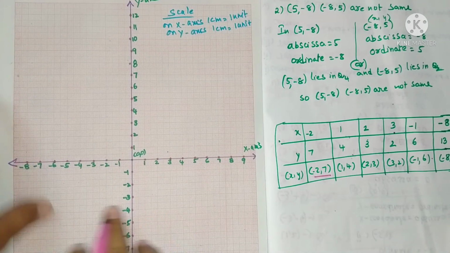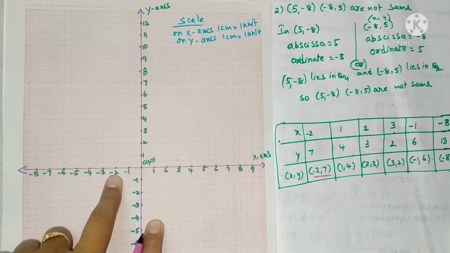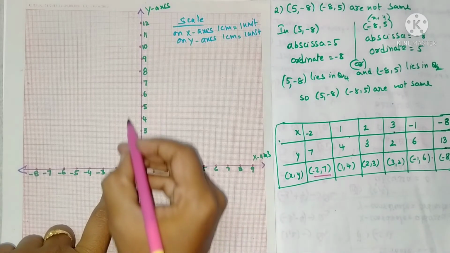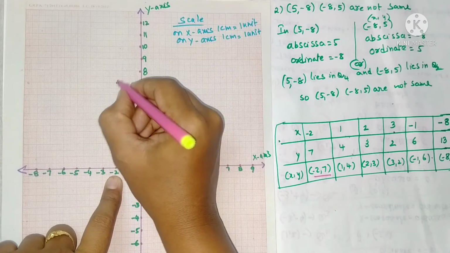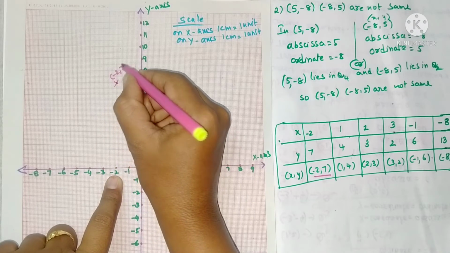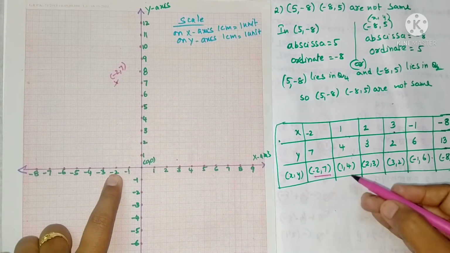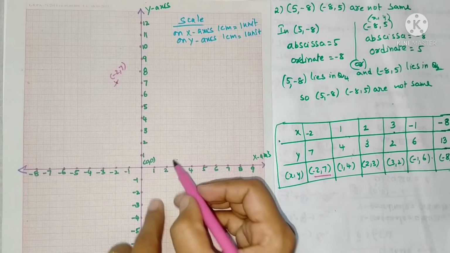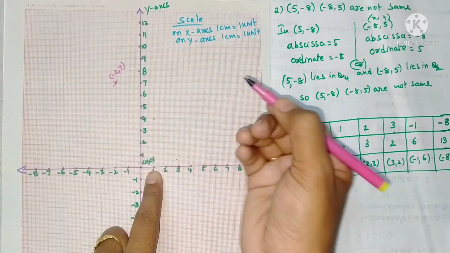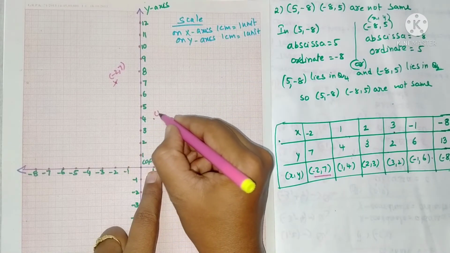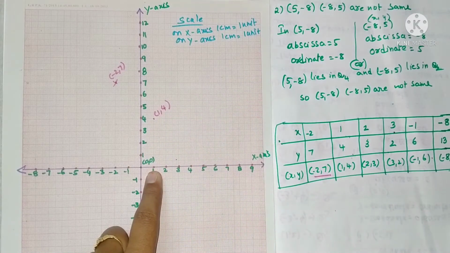So on the x-axis minus 2 and on the y-axis 7. So in the direction of minus 2, 7. So this is minus 2 comma 7. Next 1 comma 4. On the x-axis 1 and on y-axis 4. This is 1 comma 4.